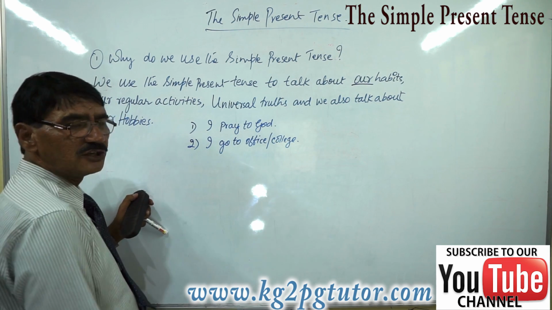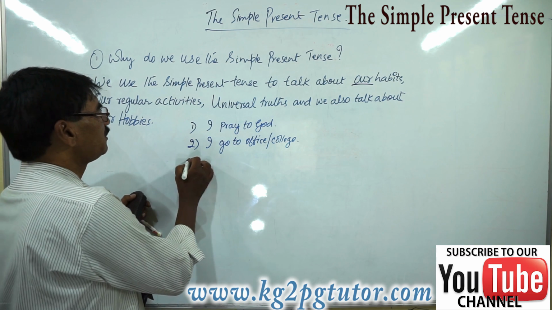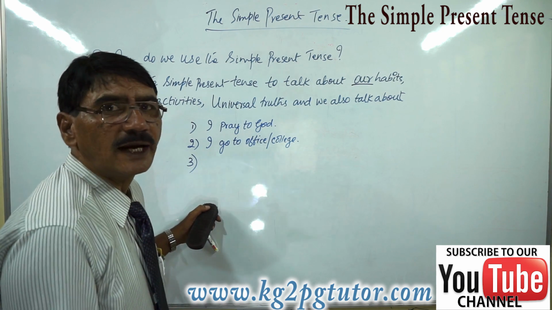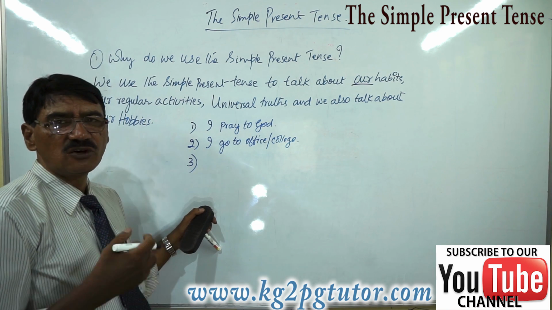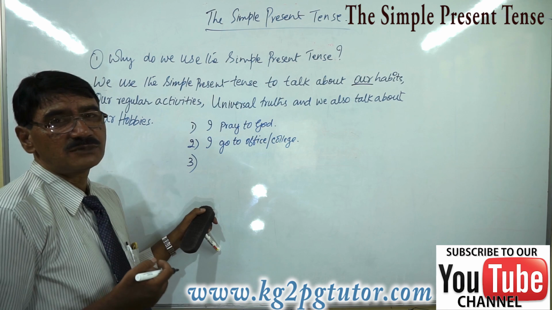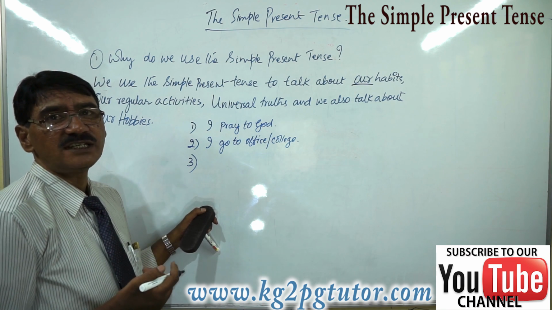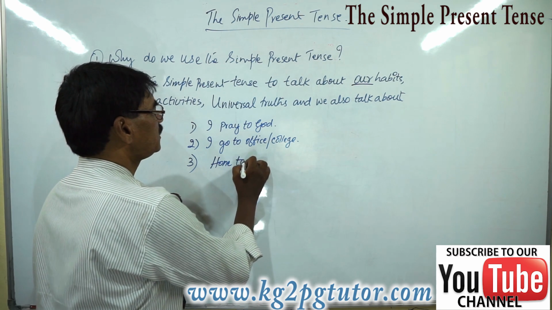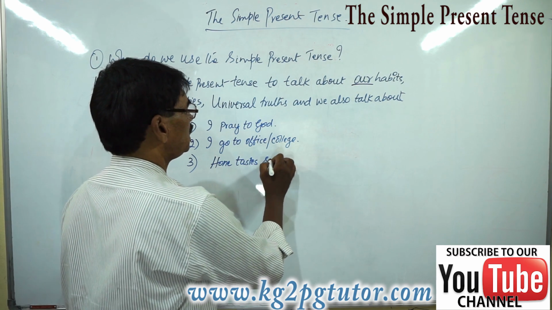Now what is this universal truths? The universal truths means, suppose you and I cannot change this thing. Only God can change. Now suppose I am telling that honey tastes sweet. Honey tastes sweet.